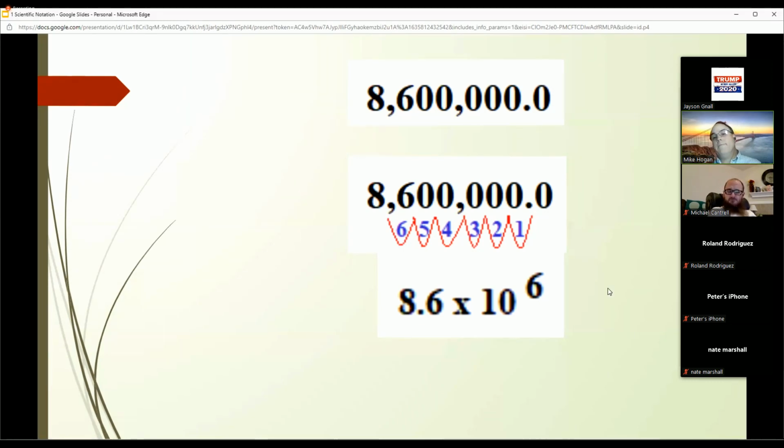It's not that hard. All we have to know is where the decimal starts, where we want it to end, and count the number of places. The only other trick is which way we're moving the decimal, right? The way I like to think about it is if I start off with a very large number, 8,600,000, well, this exponent is going to be positive.